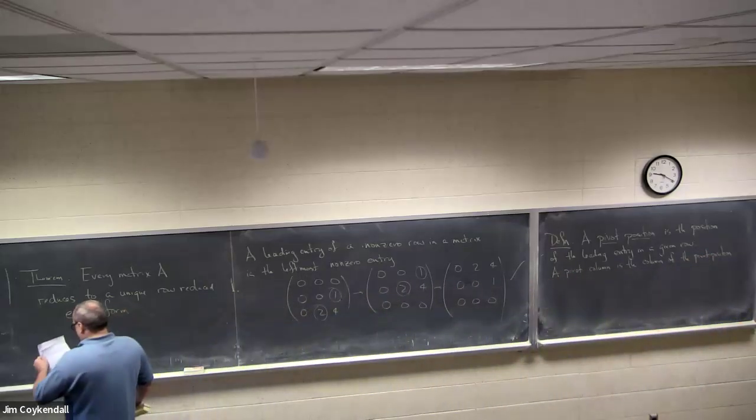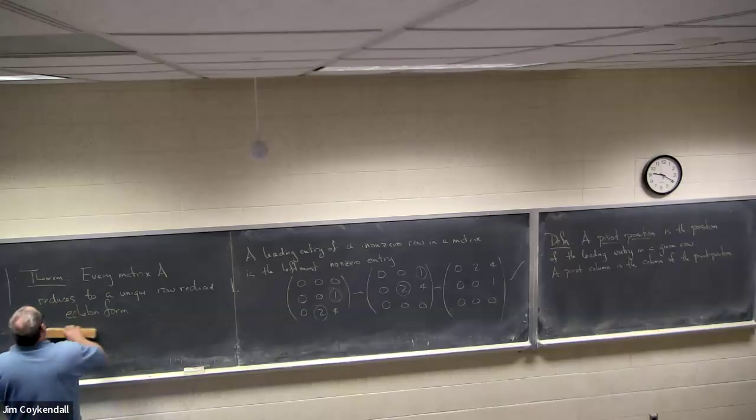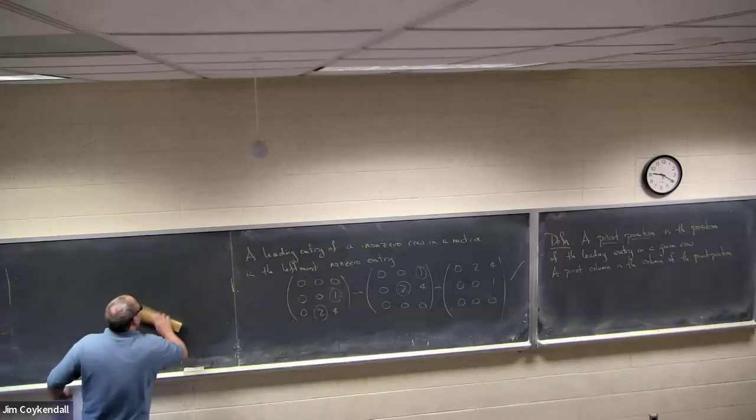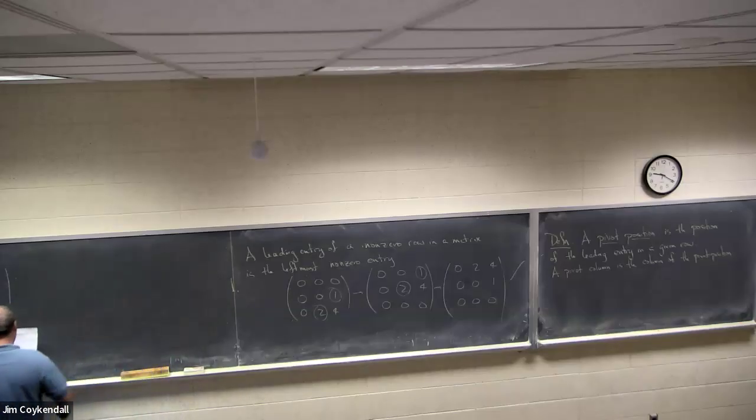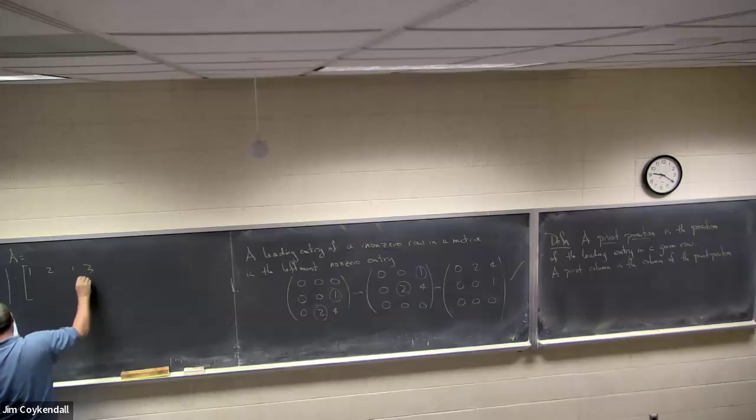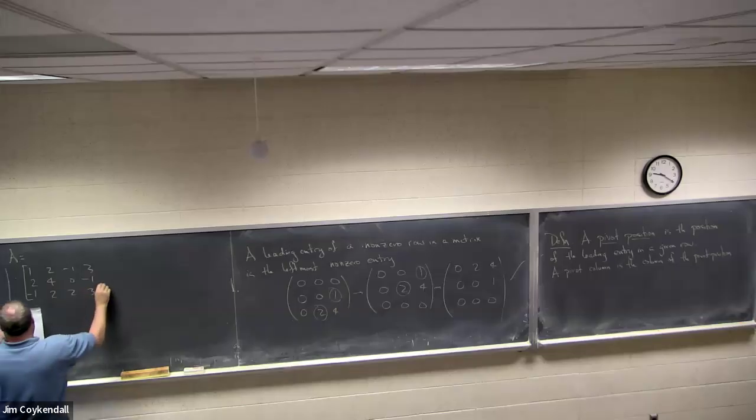Let's start with this example here. Suppose I give you this matrix: 1, 2, 1, 3, minus 1, 2, 4, minus 1, and minus 1, 2.